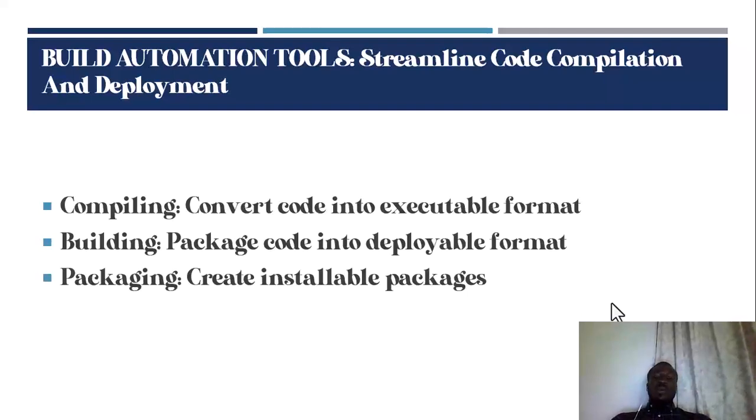If your software will be compatible with a device, you need to install it on the device before you can use it. So the packaging helps you to create installable packages that will be compatible with devices.